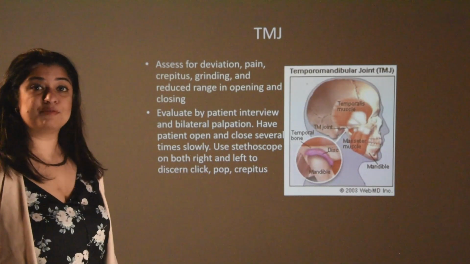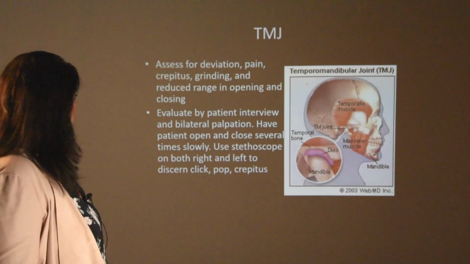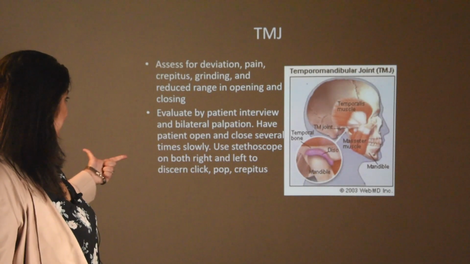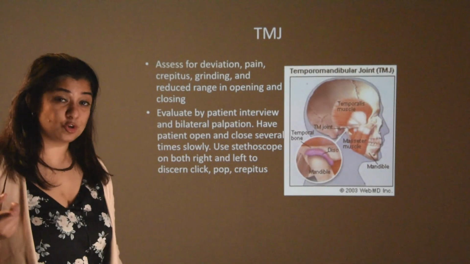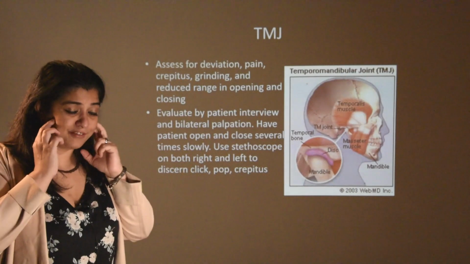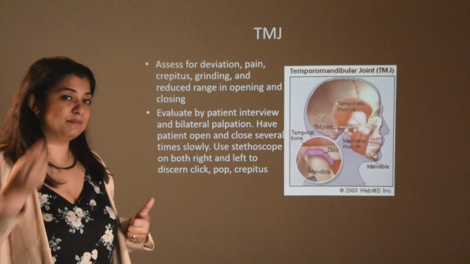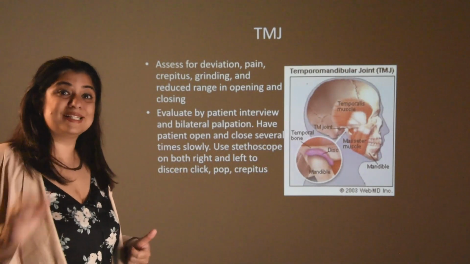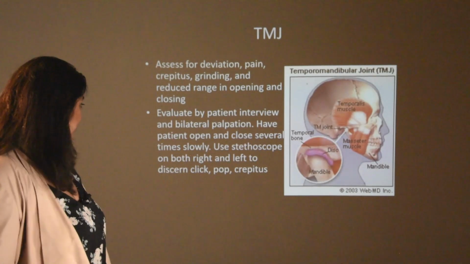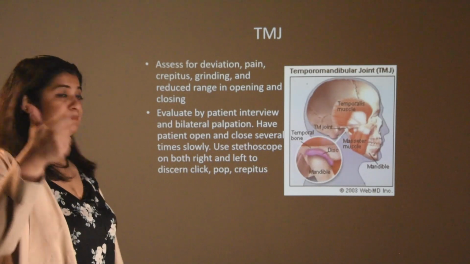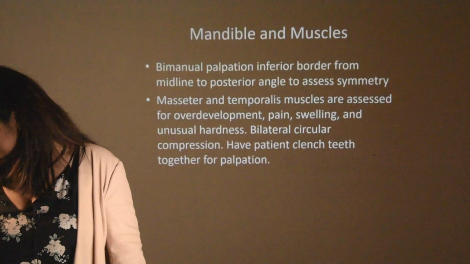You also may want to look for bilateral palpation. Opening, closing, you can use a stethoscope if you can't hear or you can't feel with your fingers. Oftentimes you can place a stethoscope to listen to the sounds that I told you about. You want to look for clicks, pops, and crepitus.